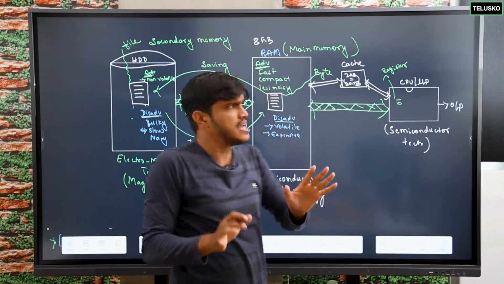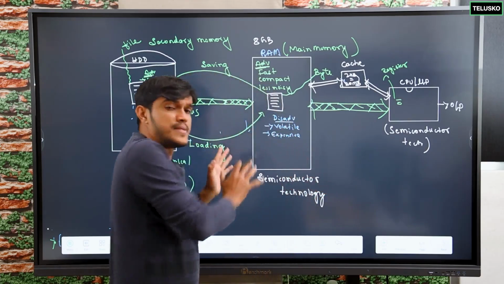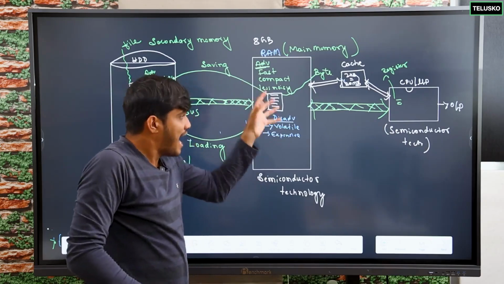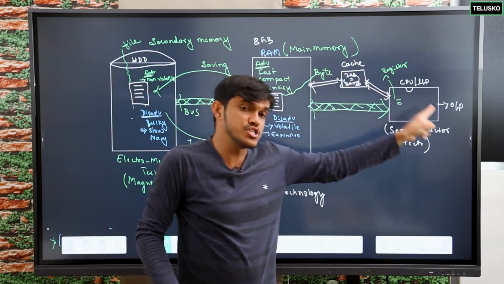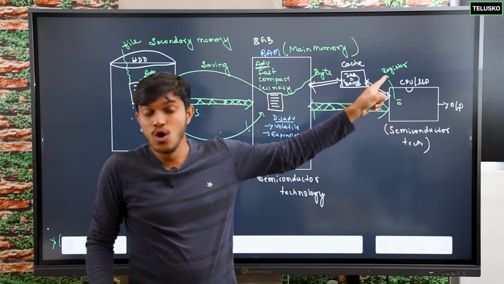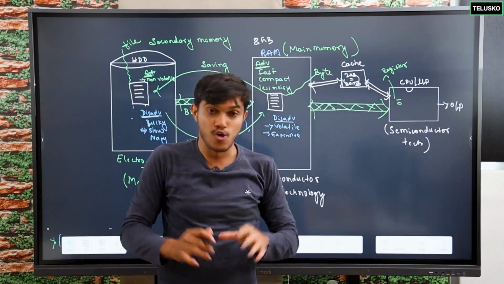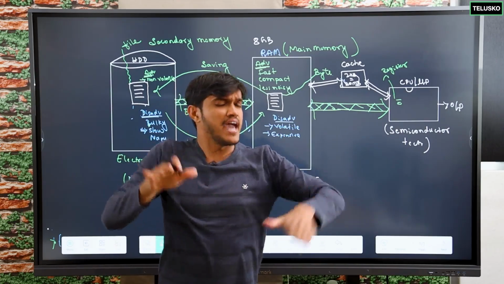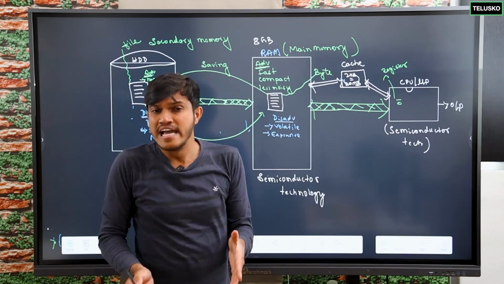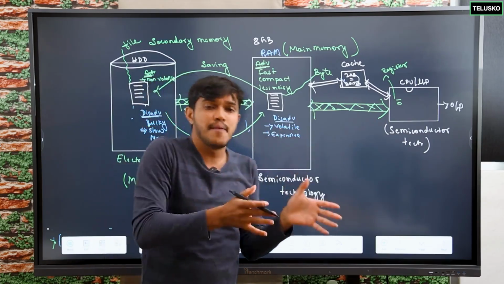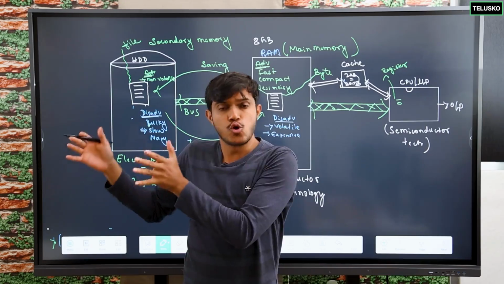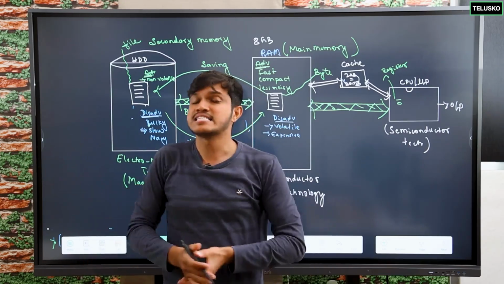But usually we say that all your applications will be loaded onto the RAM, and from the RAM it will be given to the processor and your processor will be able to execute this. I hope now you are able to understand everything about this. Saving is the process of getting the data from the RAM onto the hard disk to store permanently. That is what we call saving.